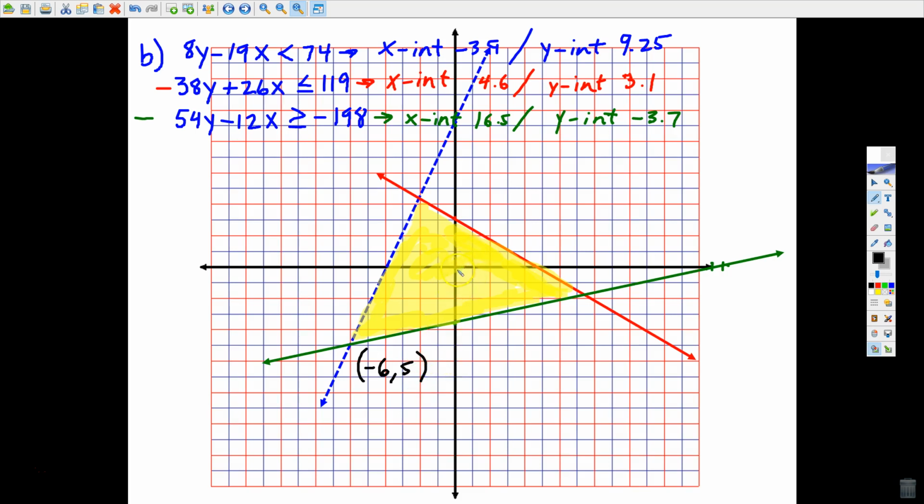Another vertex is supposed to be negative 2, 4.5. 1, 2, 3, 4. That one's a little low. It's pretty close. But if you're in the neighborhood like this, like I am, I'm not going to mark that wrong. Okay, and then the other one is supposed to be 7.5.